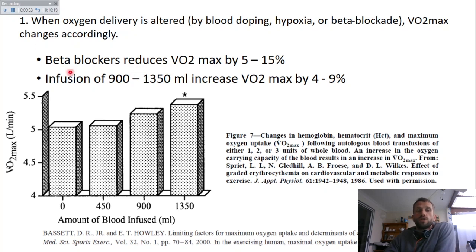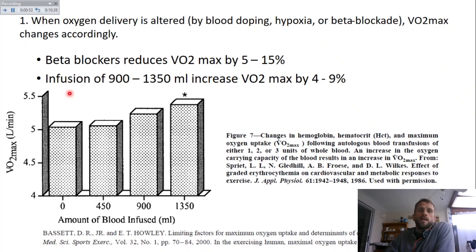And when you give people these drugs, you can reduce VO2 max soon after by 5 to 15%. So this shows a direct link between a reduction in oxygen delivery, via a reduction in maximum cardiac output, causing a reduction in VO2 max.